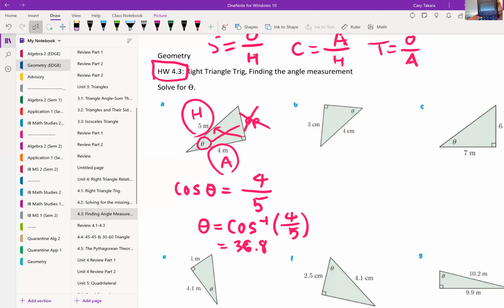So you go to the shift button or mine is the second button, and then I press cosine. Then I have that inverse cosine, the -1. And then I do 4 divided by 5. So this is how I type it. Inverse cosine, 4 divided by 5, close the parentheses, and then press enter.